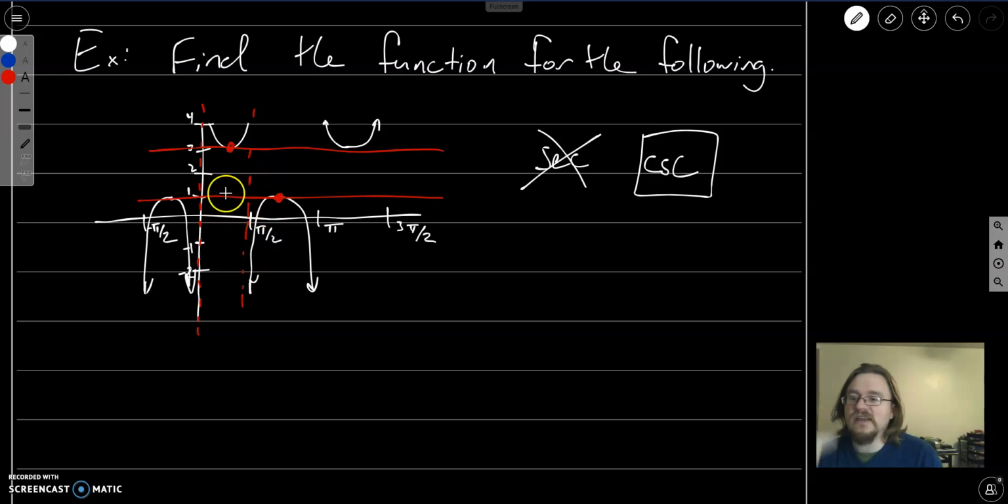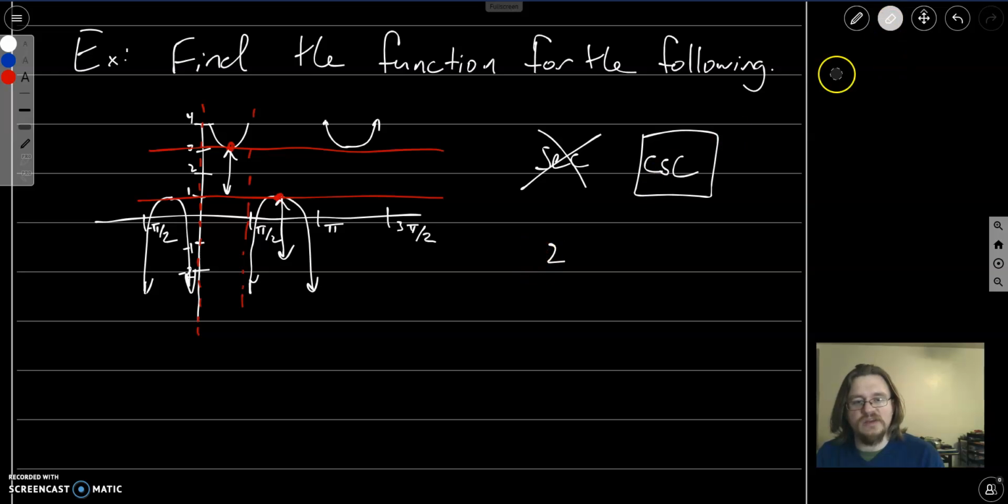Because this looks like the bottom of this bowl should normally be at 1, and the top of this bowl should normally be at -1. So we have simply shifted everything up by 2. Okay, so it looks like whatever function we have, we're adding 2 to this cosecant.